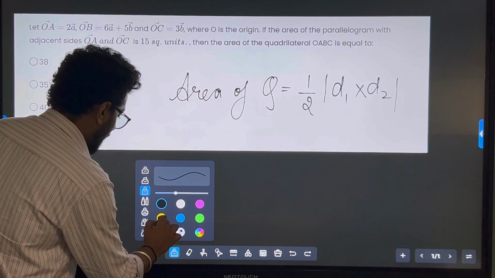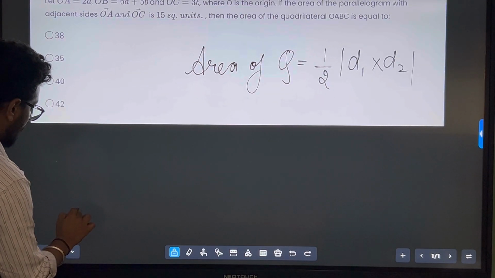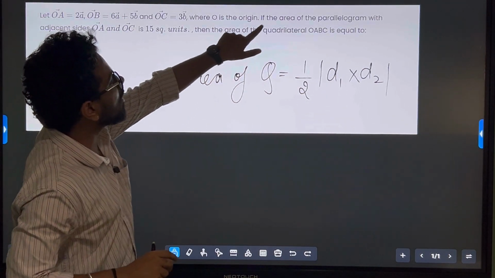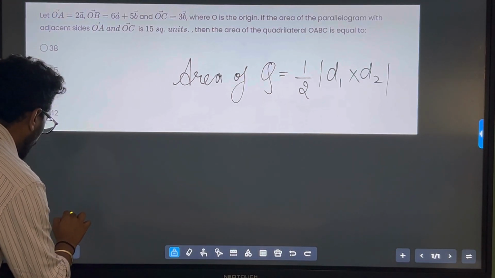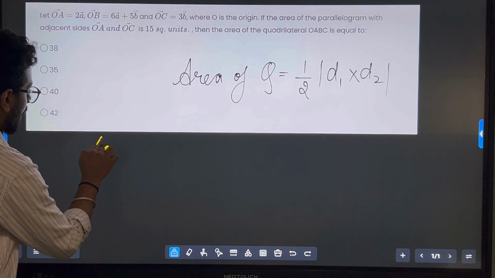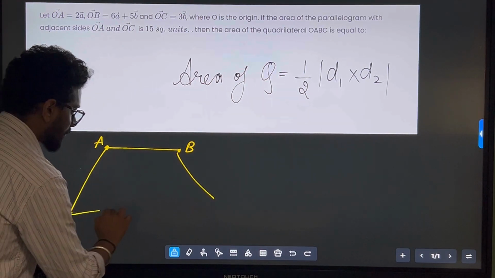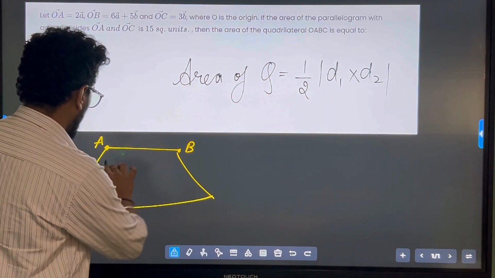So let's draw the diagram first of all. Let's say O is the origin, and they want the area of the quadrilateral OABC. So OA, this is A, B, and this is some random. This is not a trapezium, this is a random quadrilateral, guys.